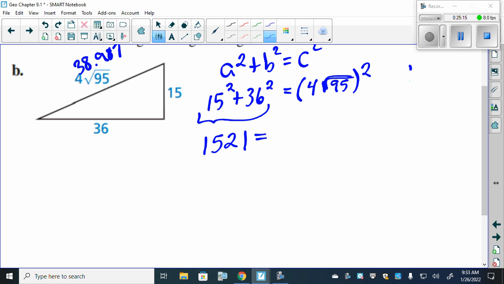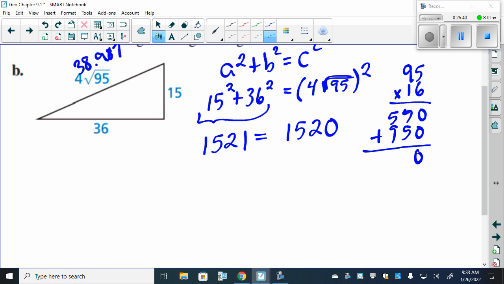It's really going to be 95 times 16, which is 1,520. So are these the same?